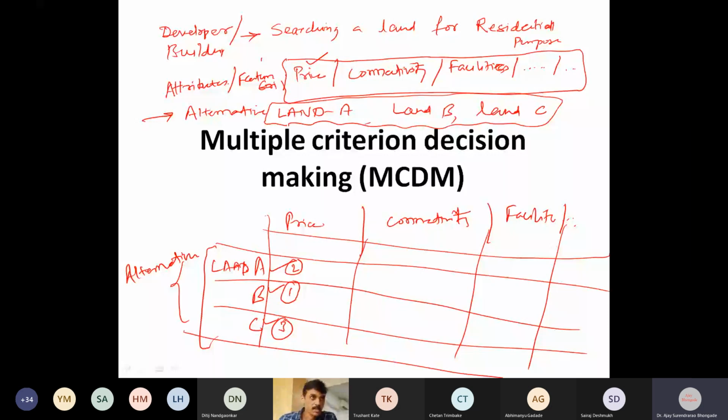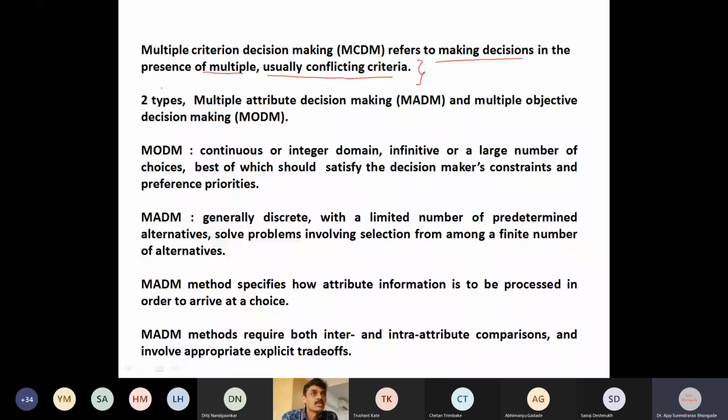Okay, so in general, MCDM can be further classified, and MADM is one of these. Right now we are using the word attribute here. In the literature, these two terms have been used interchangeably. Some books call it MCDM, some books call it MADM.